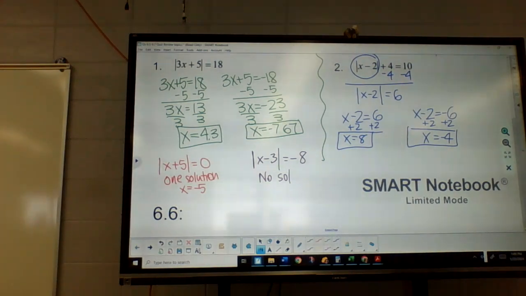All right, our next type of problem in 6.6 is when we talked about combining inequalities with our absolute value.